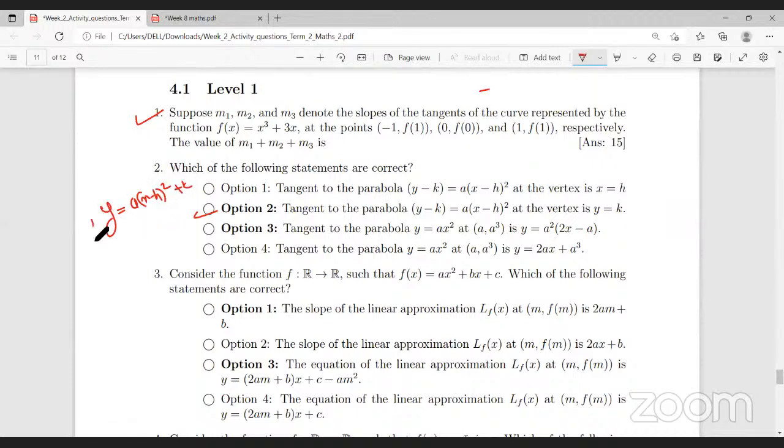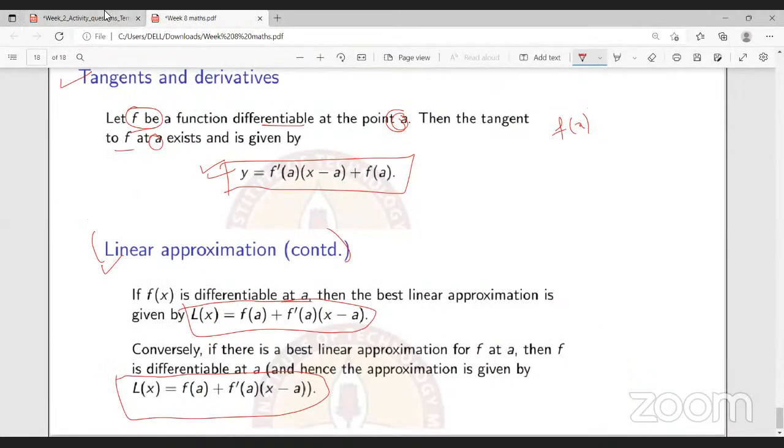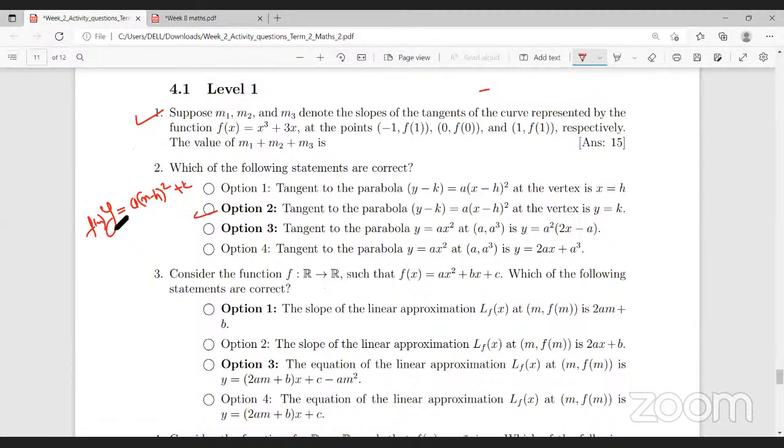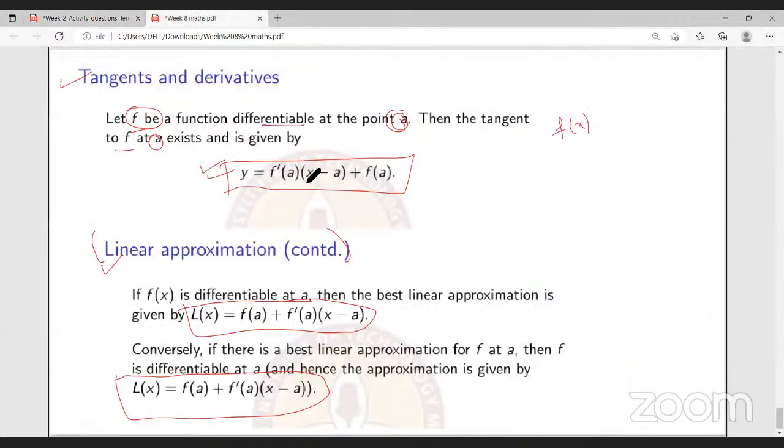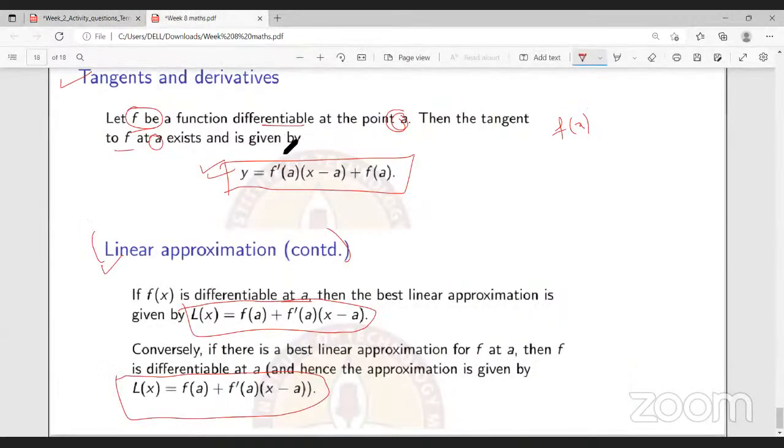This is my f of x. Here this a and that a are different, so I will consider this as m.